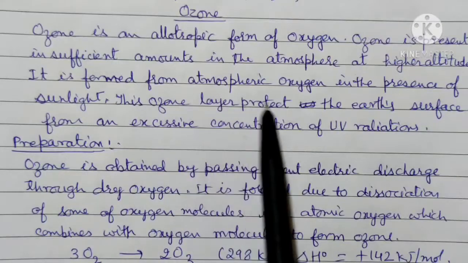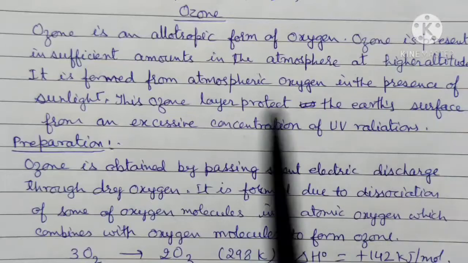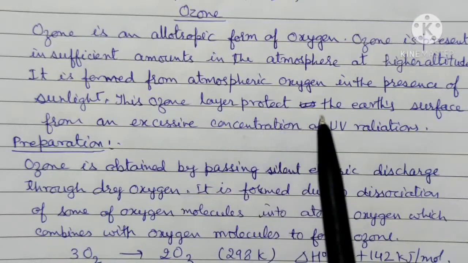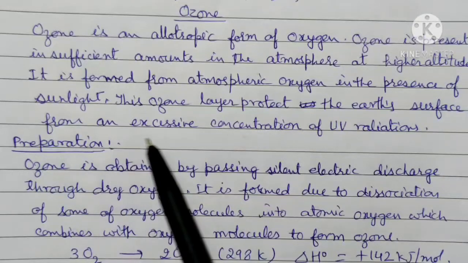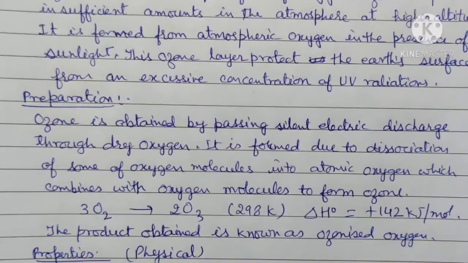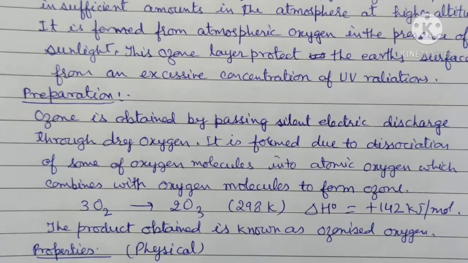It is formed from atmospheric oxygen in the presence of sunlight. This ozone layer protects the Earth's surface from an excessive concentration of ultraviolet radiation. Ozone absorbs the ultraviolet radiation, and so it protects us from its effects. You have studied the depletion of the ozone layer in lower classes, in the 10th class also.